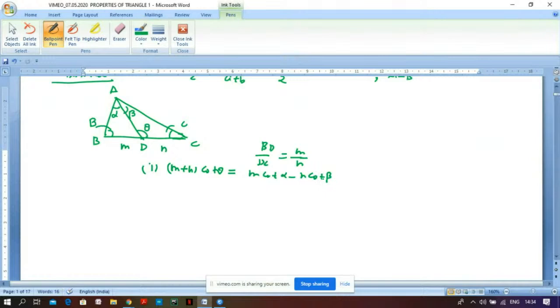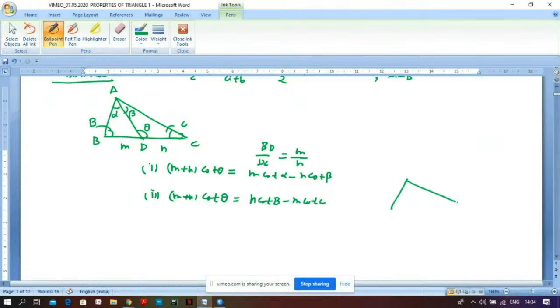If you want to involve the vertex angles, like BAD and DAC. And the second one is if you want to involve the angles B and C at the base, so (m plus n) cot theta, but this time you have got n cot B. So this is n times cot B minus m times cot C.